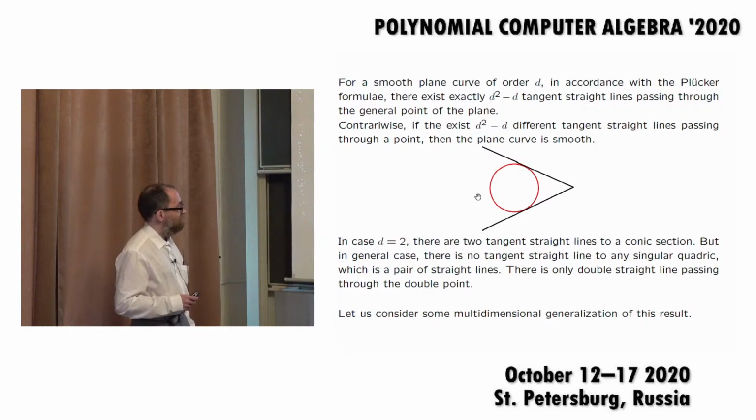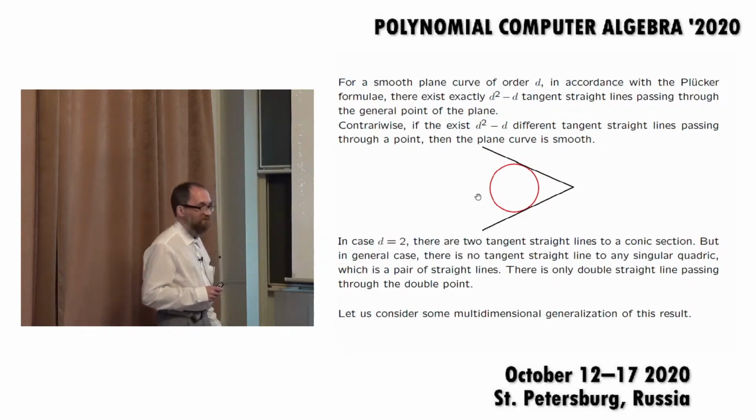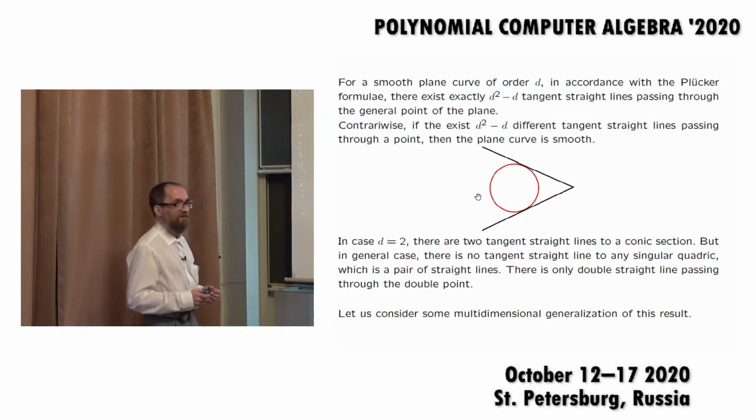For a singular quadric, we have only 2 straight lines. And in this case, from a point, we can draw a tangent straight line.